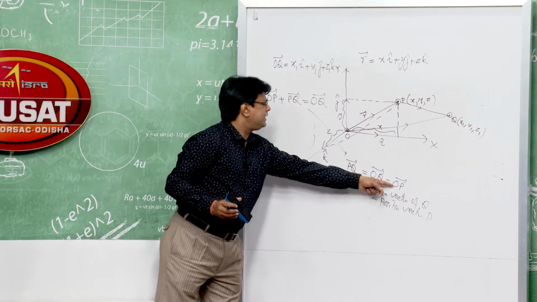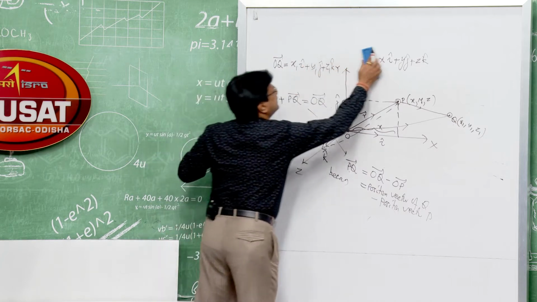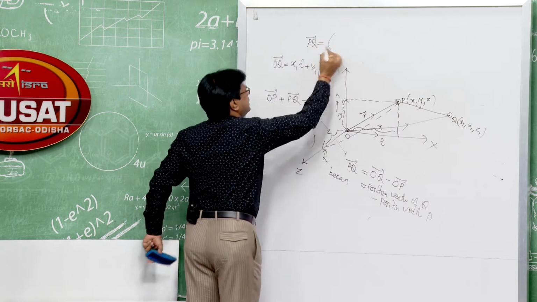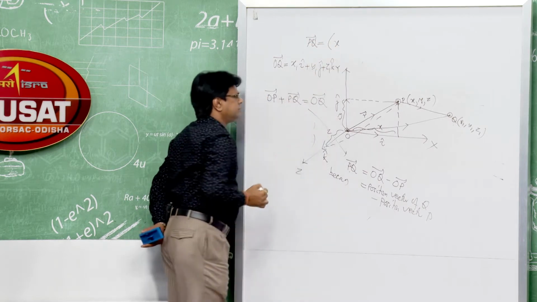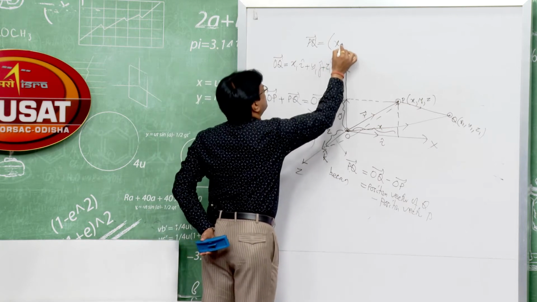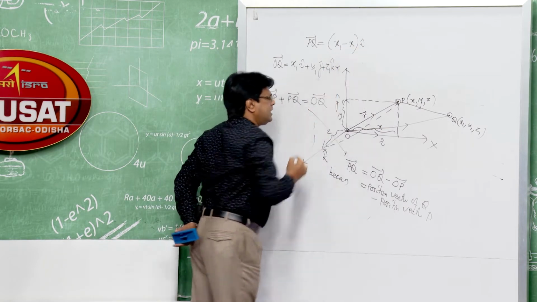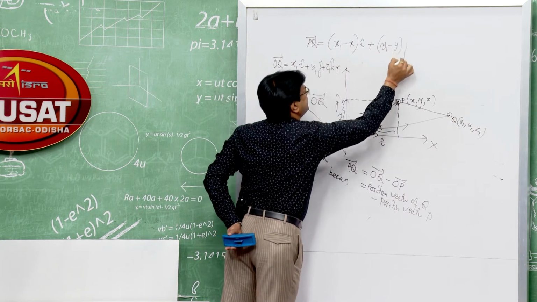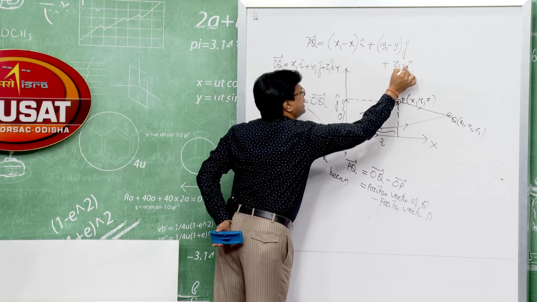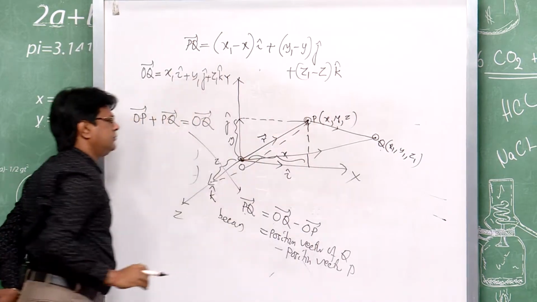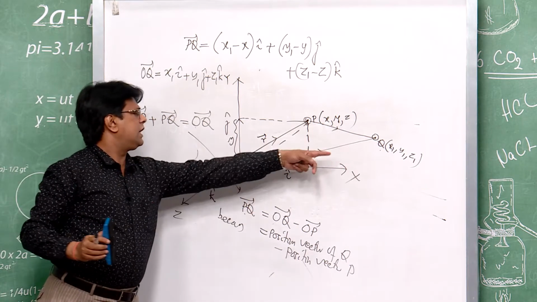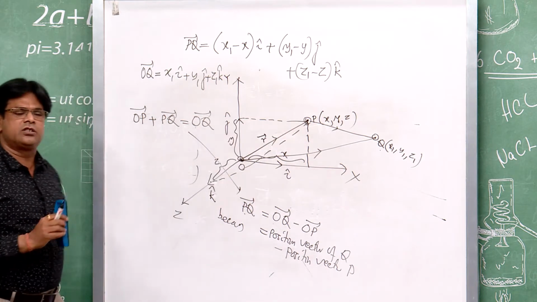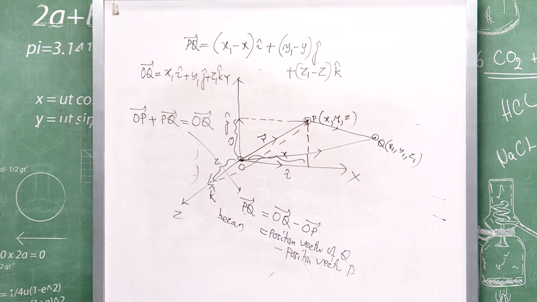So, OQ minus OP becomes the PQ vector: PQ vector is equal to x1 minus x into i cap plus y1 minus y j cap plus z1 minus z k cap, because OQ is x1 i cap, y1 j cap plus z1 k cap, and OP is x i cap plus y j cap plus z k cap.